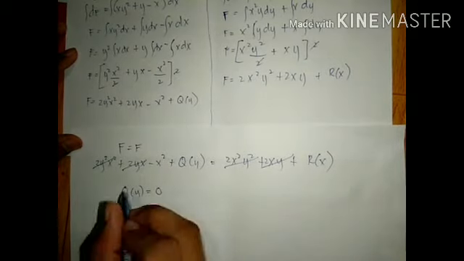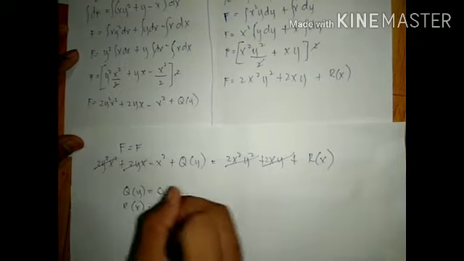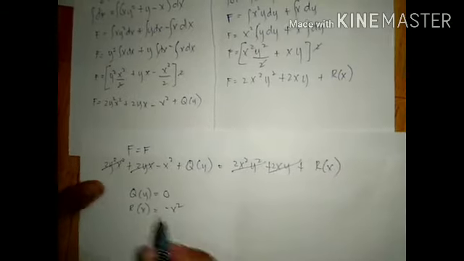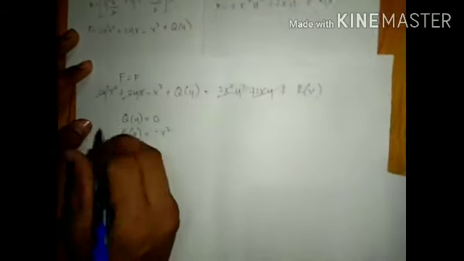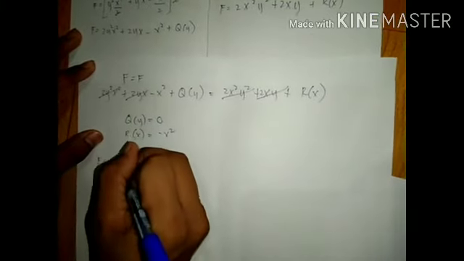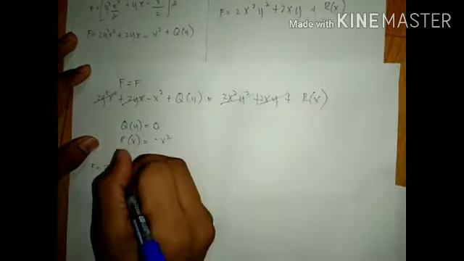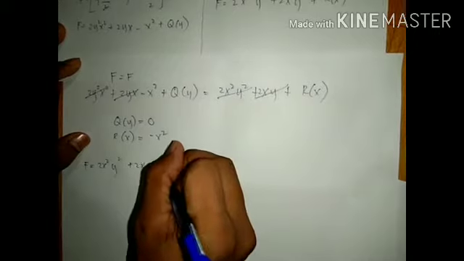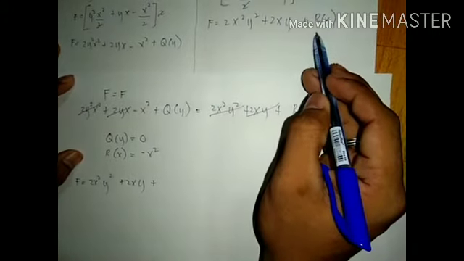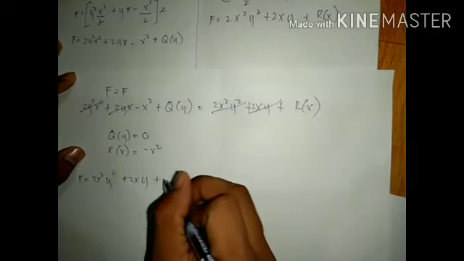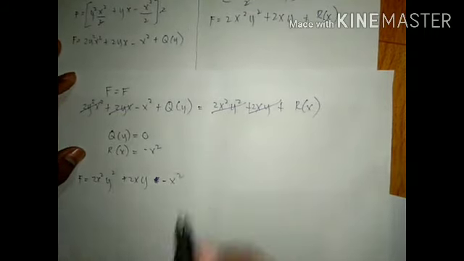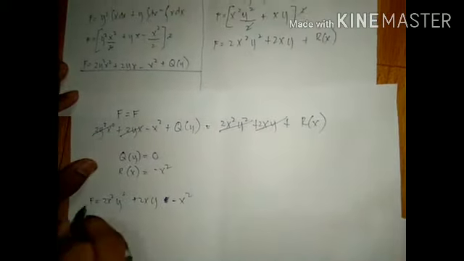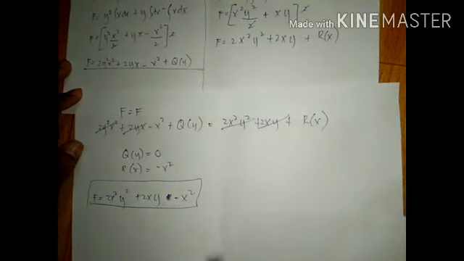The R of x is equals to negative x squared. So the general solution we will use is, with R of x, f is equals to 2x squared y squared plus 2xy plus R of x, which is negative x squared. So this answer is our general solution.